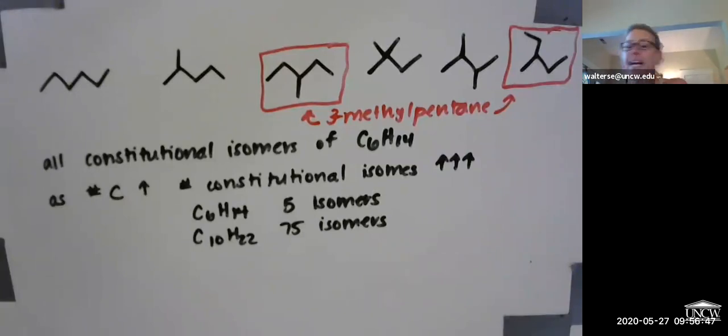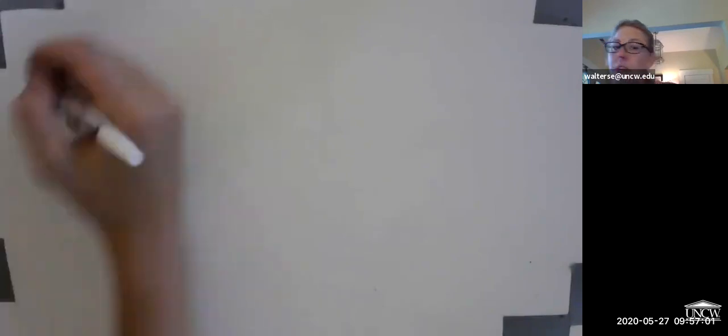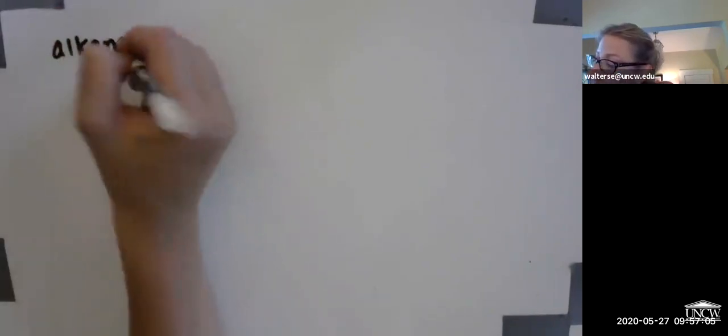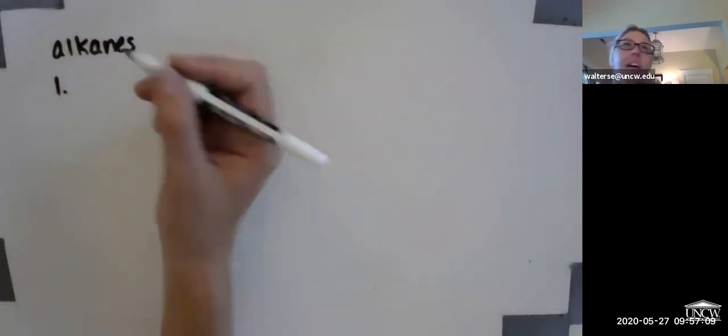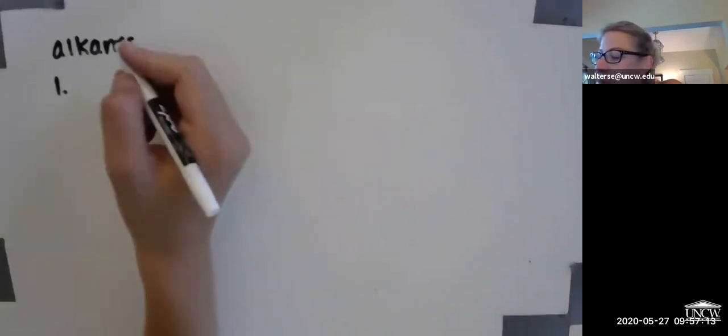All right, the next part of this is just to talk about some properties of alkanes. And we have discussed this in the past. Alkanes as a family, they're kind of boring, to be honest with you. They don't do a lot. Especially if they don't have halogens on them; with halogens they become a little bit more important.